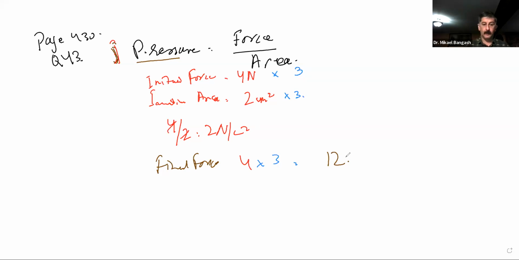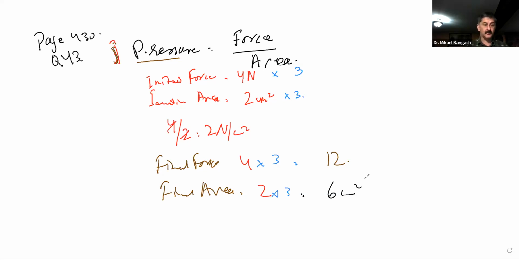Clear? Likewise, when they say the area is also tripled, the final area is the initial area, which was 2, tripled. So now we have an area of 6 square centimeters.